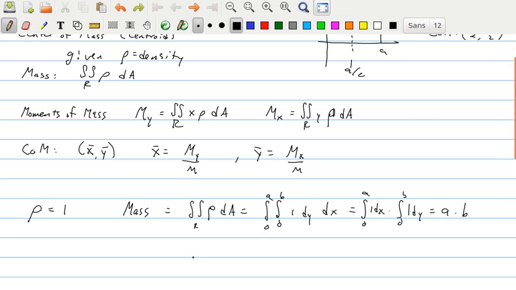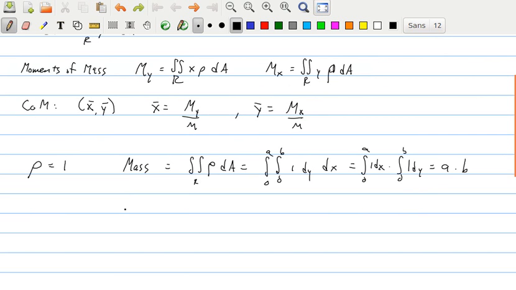Now let's go through and get the two moments. So if we look at the moment about the y-axis, this is the integral over the region of x times rho with respect to area. And if we write this integral out, it's the integral from 0 to a, integral from 0 to b. It's the same region, so it's got the same limits of integration, times x times rho dy dx.